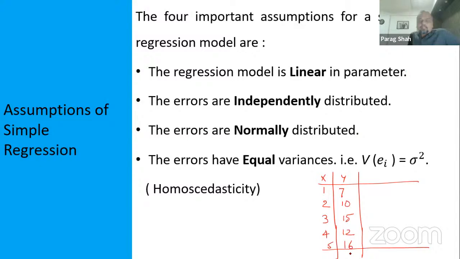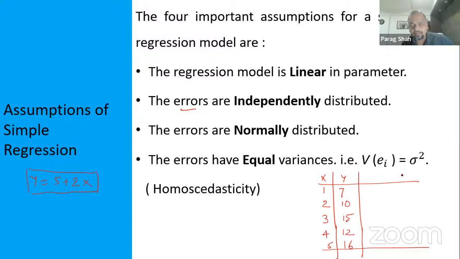I'm taking this, but it will give you the idea about what errors actually are. Then what to do? Go with the regression model. And suppose my answer comes to 5 plus 2x. My regression answer is coming as 5 plus 2x.